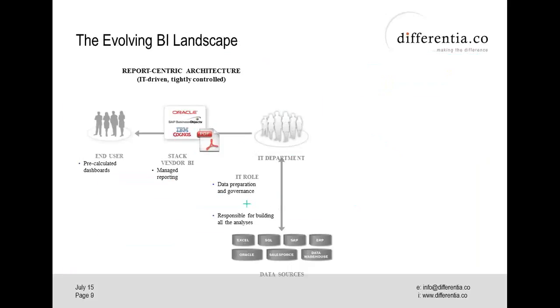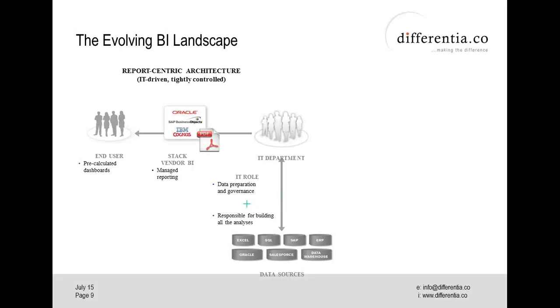So a bit of background, where BI, that is business intelligence, has come from is really from the 1990s, where it was very much an IT-centric architecture, where we had to get reports from our underlying data and go through some sort of data warehouse or universe to be able to provide some pre-calculated dashboards and reports.